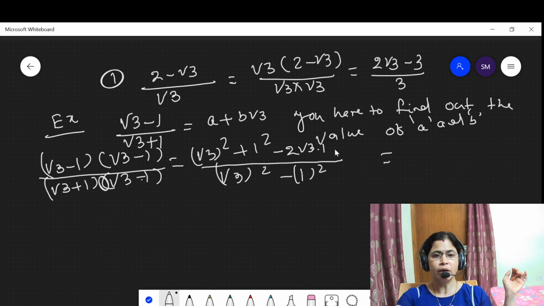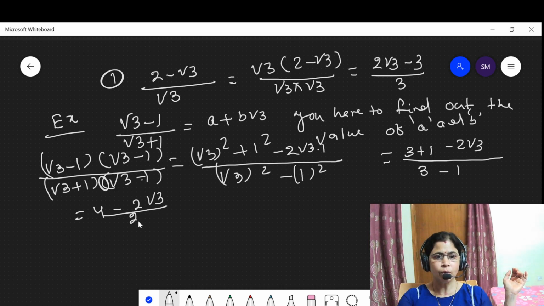So root 3 square is 3, plus 1, minus 2 root 3, and in the denominator you get 3 minus 1, which is 2. So this is 4 minus 2 root 3 upon 2.